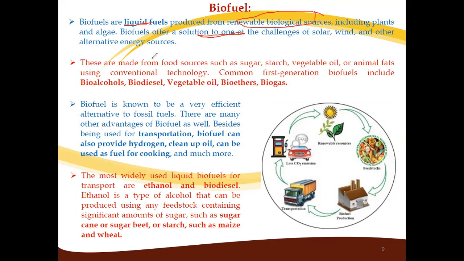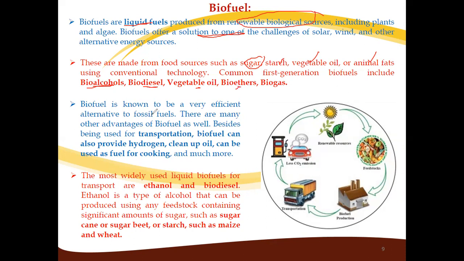First generation biofuels are made from food sources such as sugar, starch, vegetable oils, or animal fats using conventional technology. Common first generation biofuels include bioalcohols, biodiesels, vegetable oil, bioethers, and biogas. So these are the biofuels.